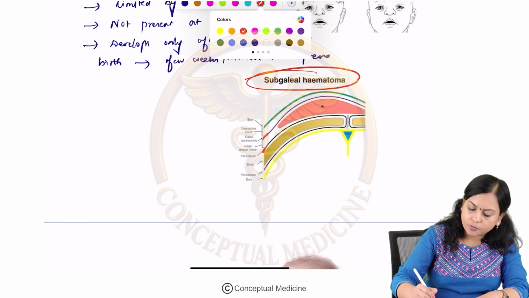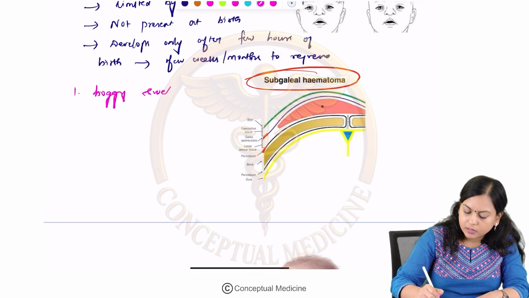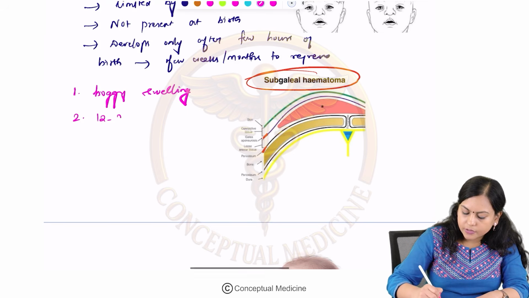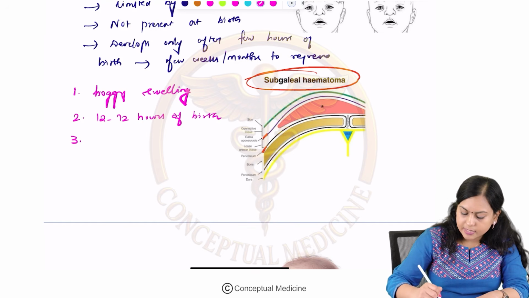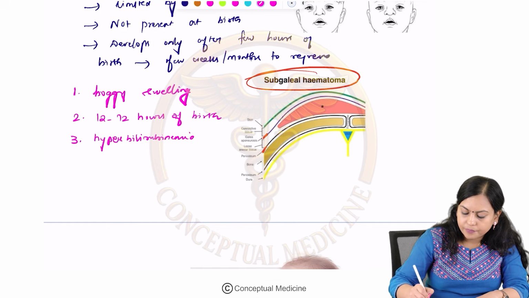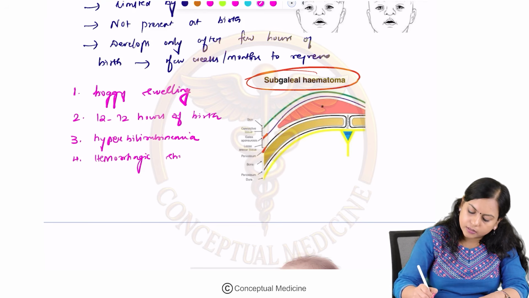This subgaleal hematoma is a boggy swelling that is occurring after 12 to 72 hours of birth, and it can result in hyperbilirubinemia or hemorrhagic shock.